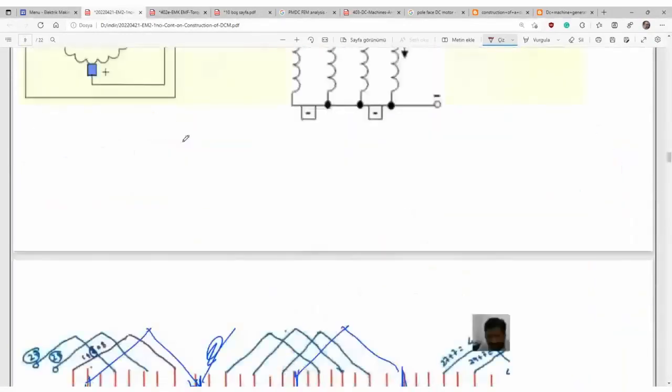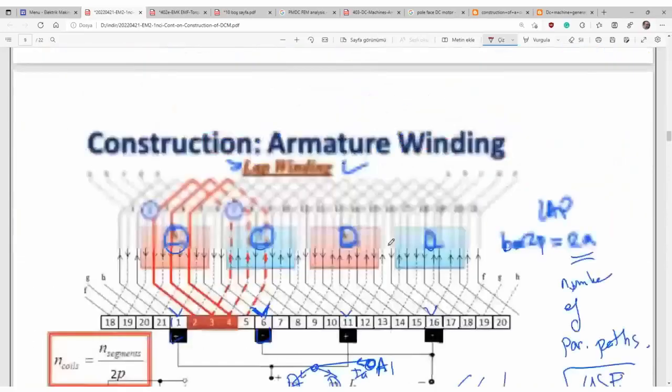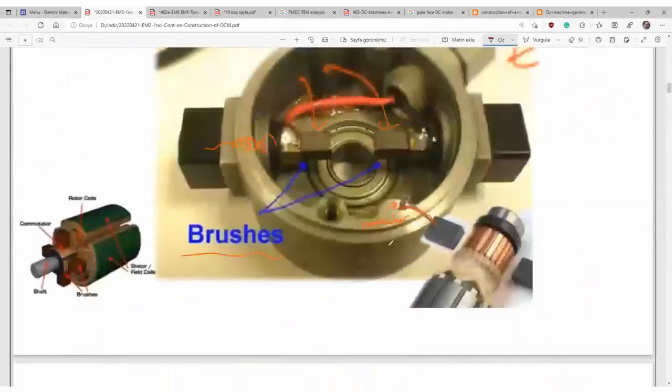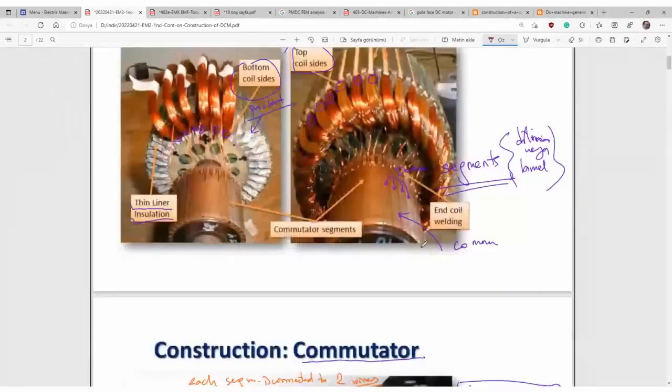We have already mentioned that EMF will be induced in one parallel path, and here are multiple EMFs connected in parallel. Where is the EMF? The EMF is between the brushes. Let's say here's one brush, terminal A1, and here's the second brush.